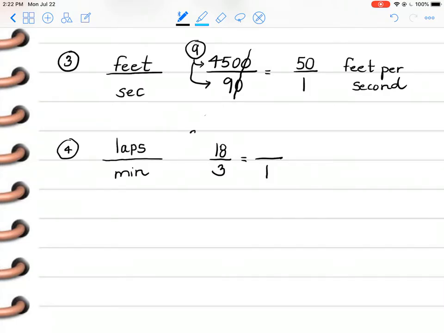So we are dividing top and bottom by 3. So you can do 6 laps in 1 minute. And it is perfectly possible to do it the other way, to put the minutes on top. If you wanted to know how much time 1 lap would take, it absolutely is possible to do it both ways.